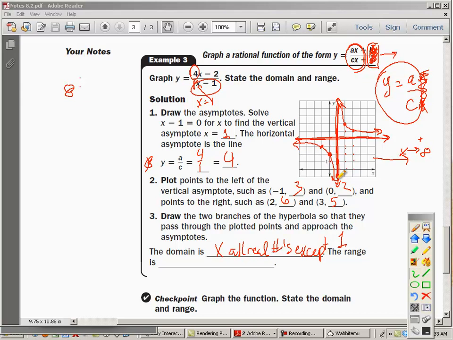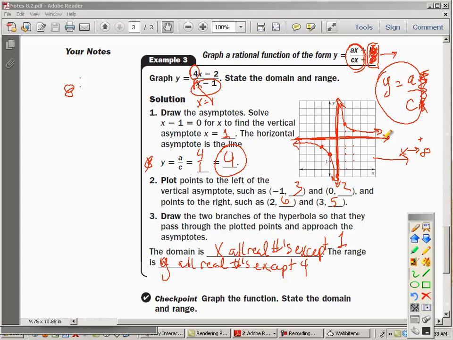And the range is all y real numbers except 4, because again, my horizontal asymptote was at 4. So since I had a horizontal asymptote at 4, the y values will be anything except for 4.